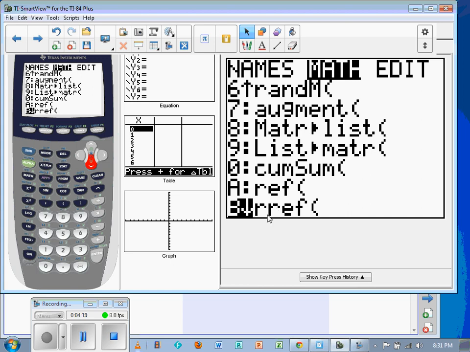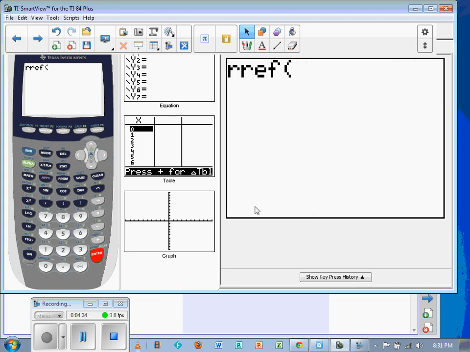This stands for reduced row echelon form. If you move on to pre-calc, they'll talk more in detail about what that means. But what we're going to do is pull that up. It's a function that's going to help us calculate this system. You enter. So you'll see reduced row echelon form pop up. Now we have to name the matrix we want to carry out this operation on, and that's matrix A.